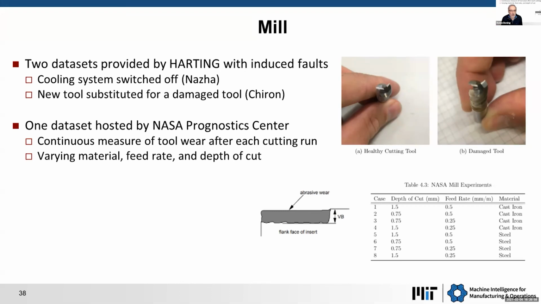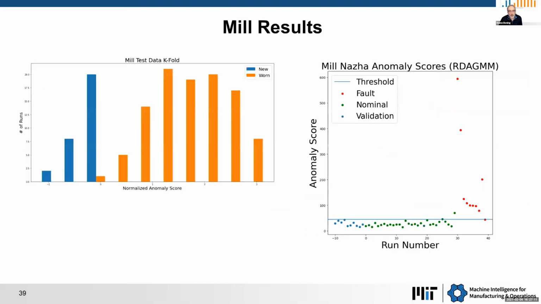There's another similar data set from NASA where they actually explicitly measure the amount of wear on the tool after different kinds of runs at varying materials and feed rate and depth of cut. This is a little bit more challenging, but actually we get very good results with this architecture again. We get very good separation in the anomaly score between known good and worn tools.